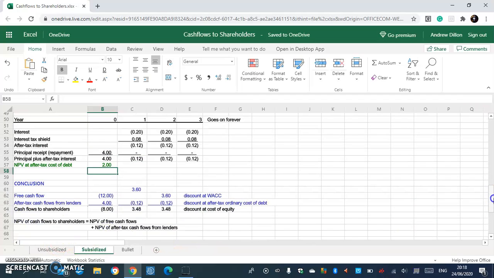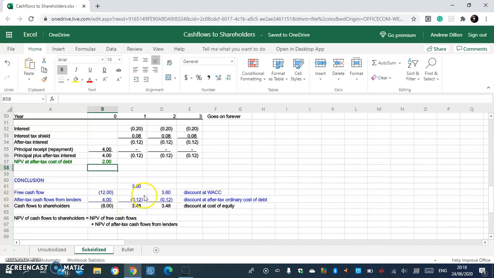Okay, so then in conclusion, there's nothing to add in. It's all calculated automatically. So I will continue and fill in the missing figures and calculate what's left in the sheet in the next video.